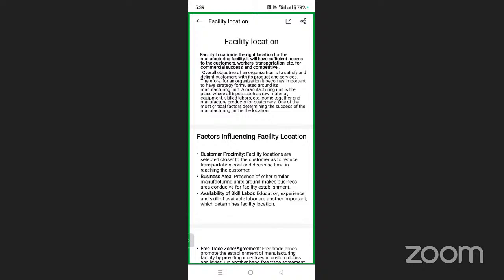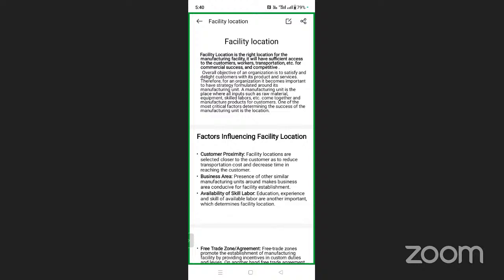How will the transportation cost be minimum? Yes or no? The company's objective is how to open new manufacturing facilities. That means there are different factors responsible for affecting the facility location.